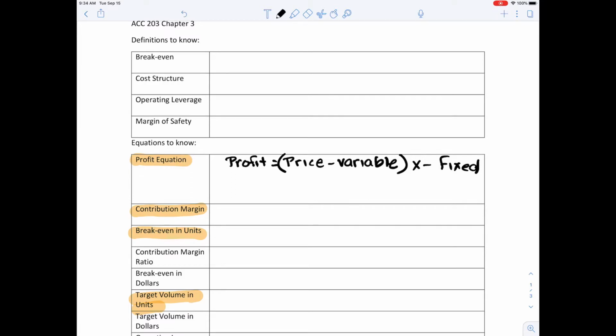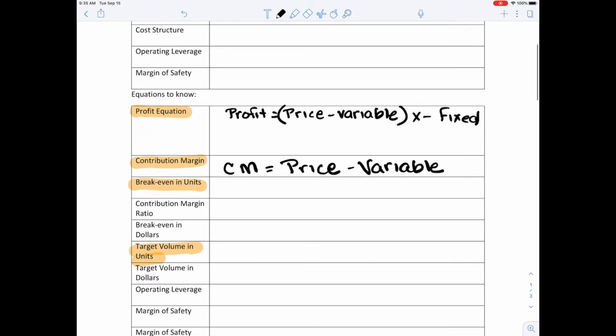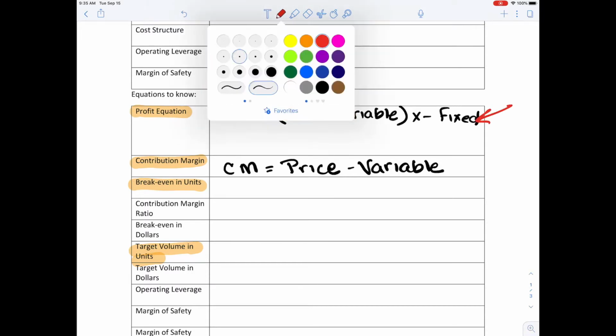Some other things we need to remember is contribution margin is equal to that selling price minus variable costs. That's going to be helpful and save you a lot of time if you can remember that. And there's a lot of ways you can shortcut some of these equations. One of those is to find the break-even in units. Again, you can always come back to this equation here if you don't want to remember them all.